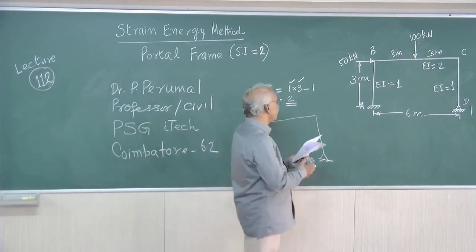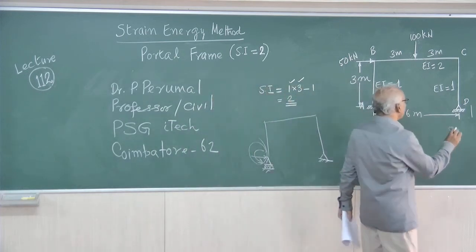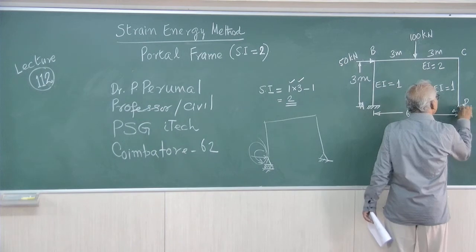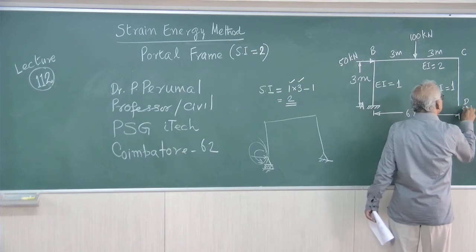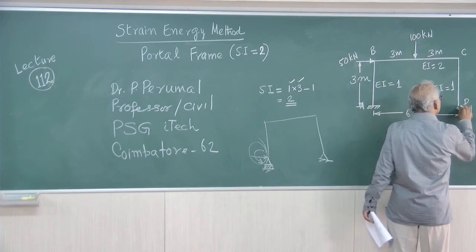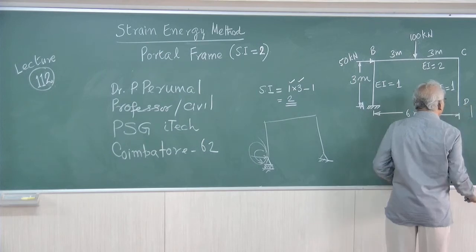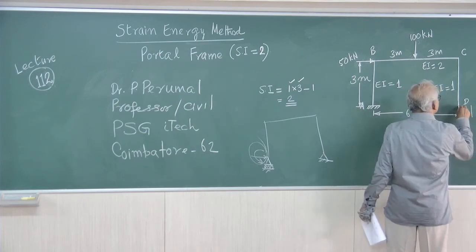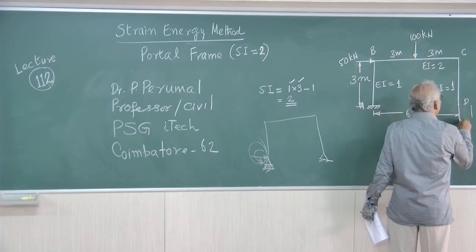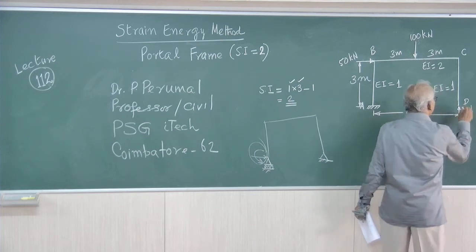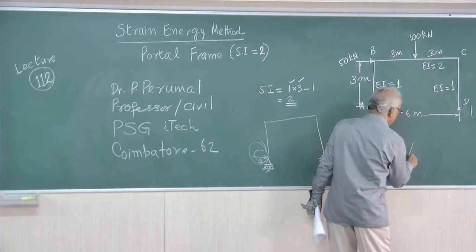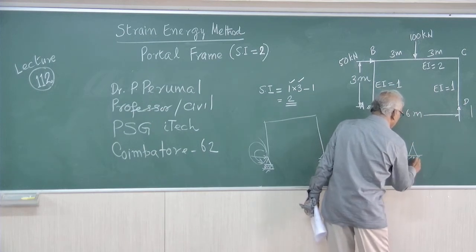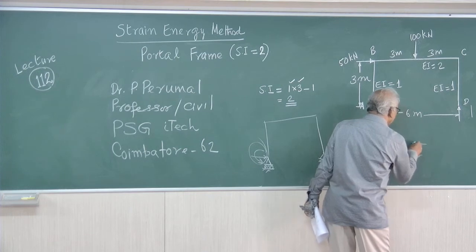Now, here what we are going to do is, we will remove the support at D. So, what is shown is the given structure. Now, it is a released structure or statically determinate structure. That is, there will be a vertical reaction, because the hinge can offer a vertical reaction and also a horizontal reaction.